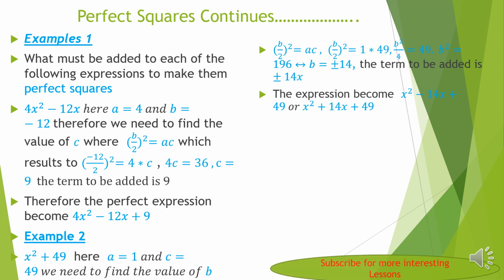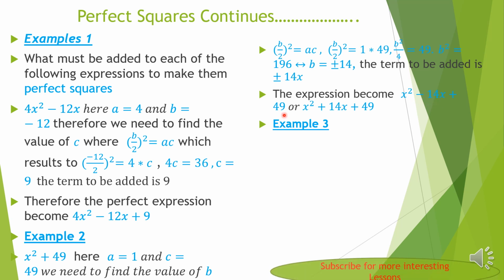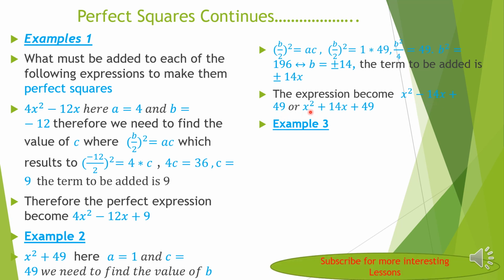Therefore, the expression becomes x squared minus 14x plus 49, or x squared plus 14x plus 49. Remember, the two expressions are correct because they will give you the perfect square. Any square root of any given number is either going to be negative or positive.